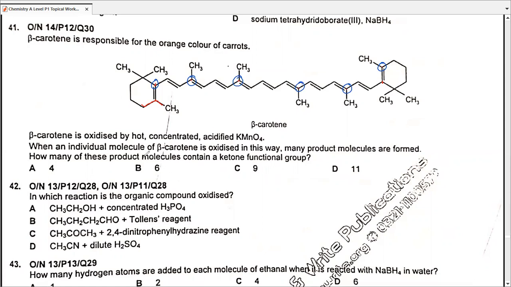How many of these product molecules contain a ketone functional group? So it would break from here, here, here, here, here, and here. So yeah, I'm right. 1 molecule, 2, 3, 4, 5, and 6. Product molecules. Yeah, but 2 ketones would be formed right here.